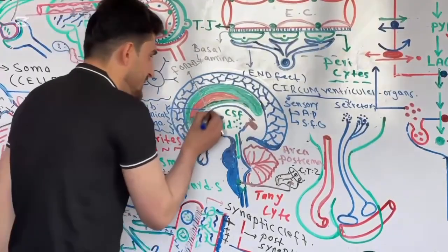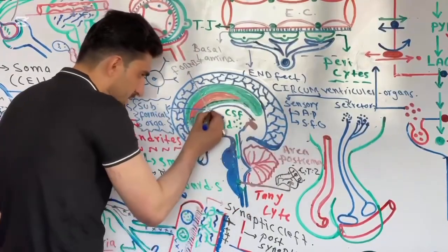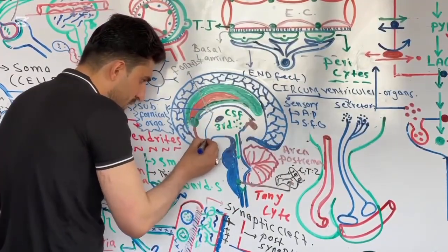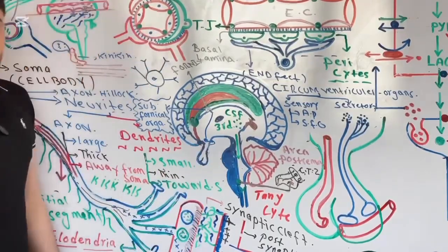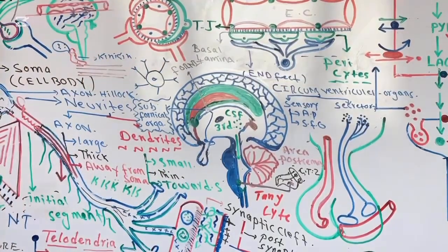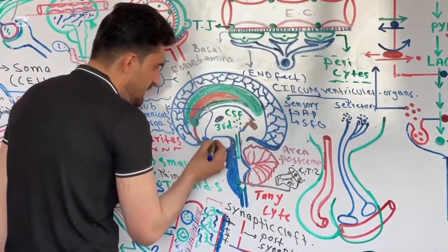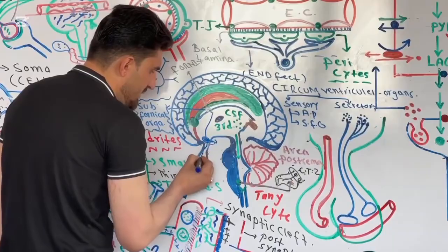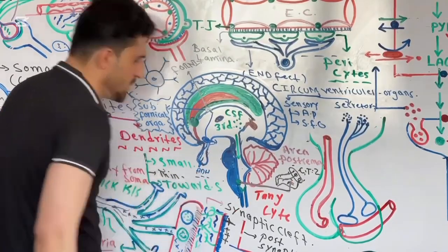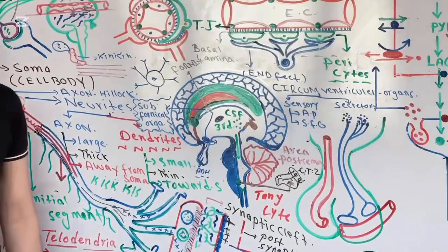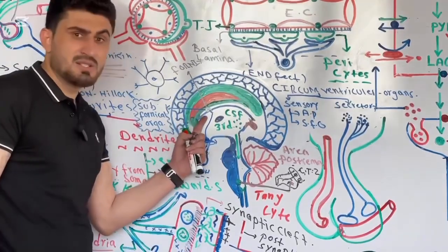I'll talk about this later. It will stimulate the hypothalamus, where there is a nucleus called the supraoptic nucleus, and this nucleus then causes secretion of ADH or antidiuretic hormone, which causes an increase in my BP, okay. So this is sensitive to angiotensin 2.